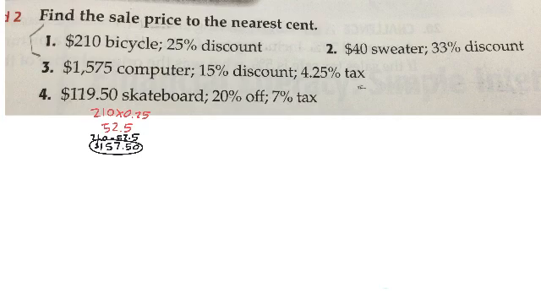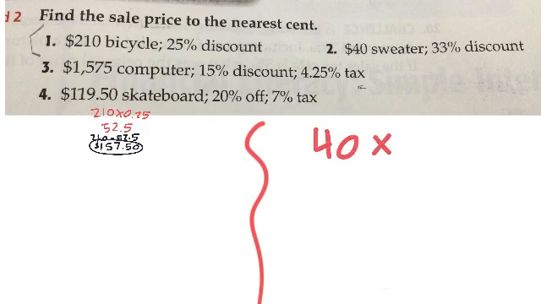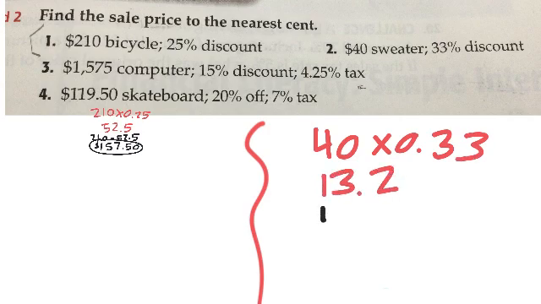Pick a number 1 through 6. It's 1. Pick a number 1 through 3. It's 2. I did 40 times 0.33 and I got 13.2. Then I did 40 minus 13.2 and I got 26.8.